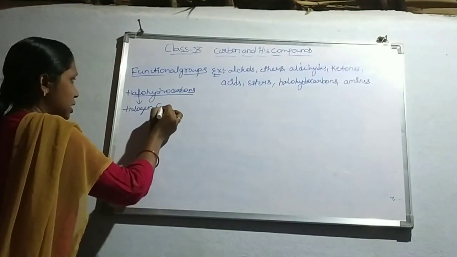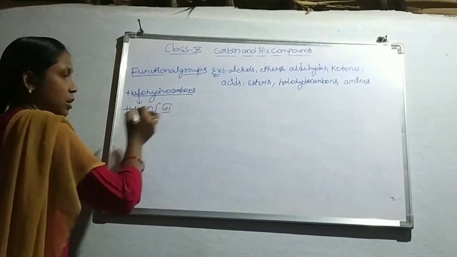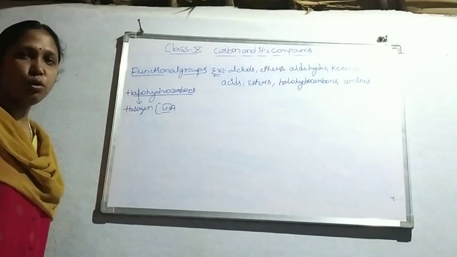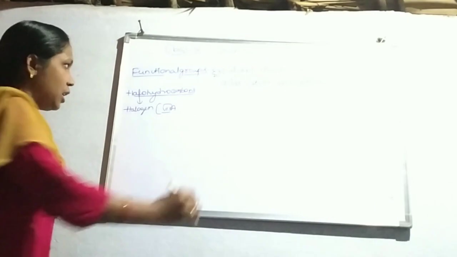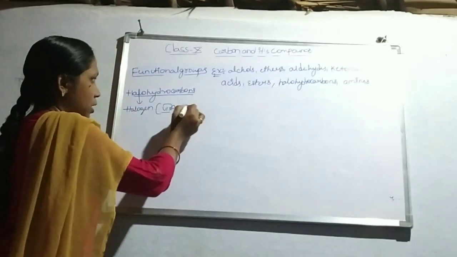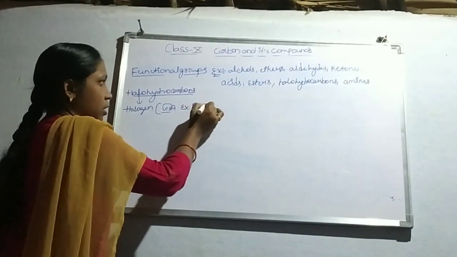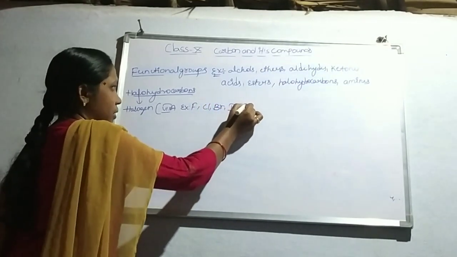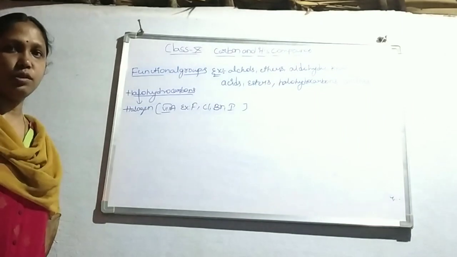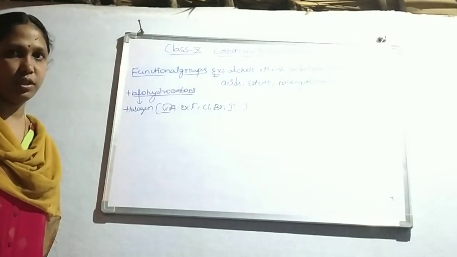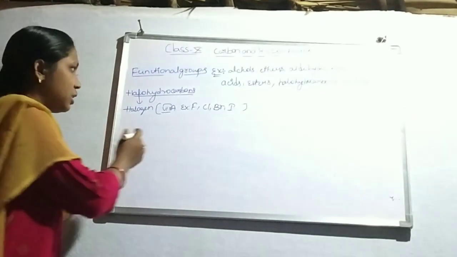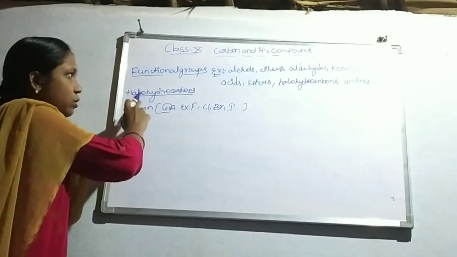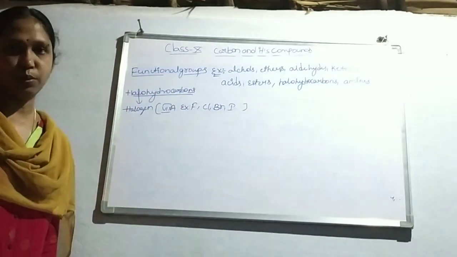Halogens means the seventh A group elements. Examples are fluorine, chlorine, bromine, iodine. These are known as halogens. If a hydrocarbon is combined with a halogen, those are known as halohydrocarbons.